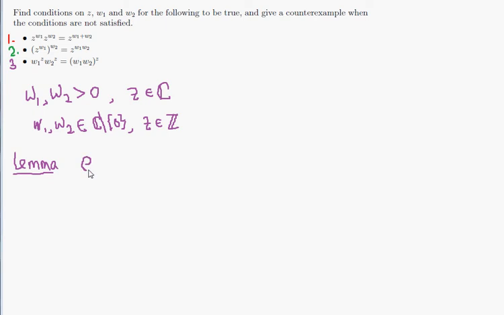If I have e to the k, to the z, where k is a real number and z is a complex number, then this is equal to e to the kz. And this happens anytime that k is a real number and z is a complex number.